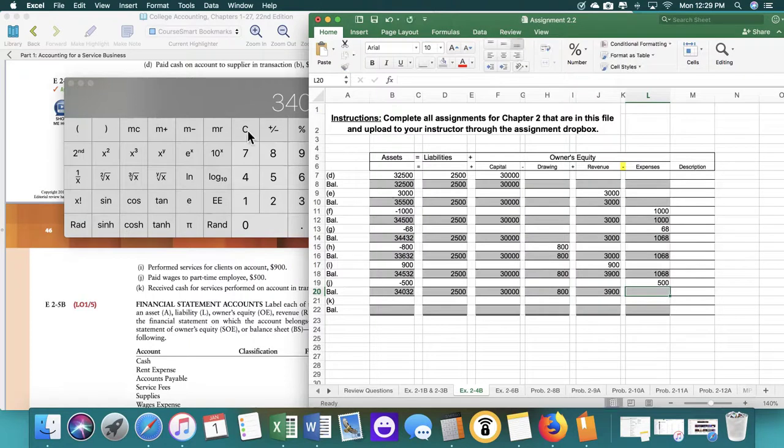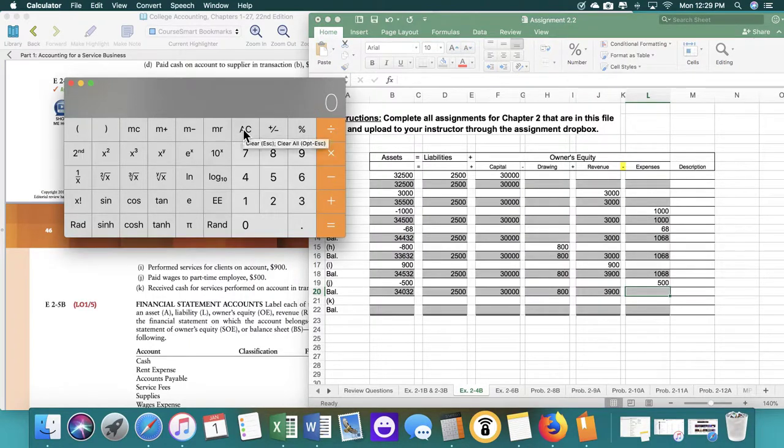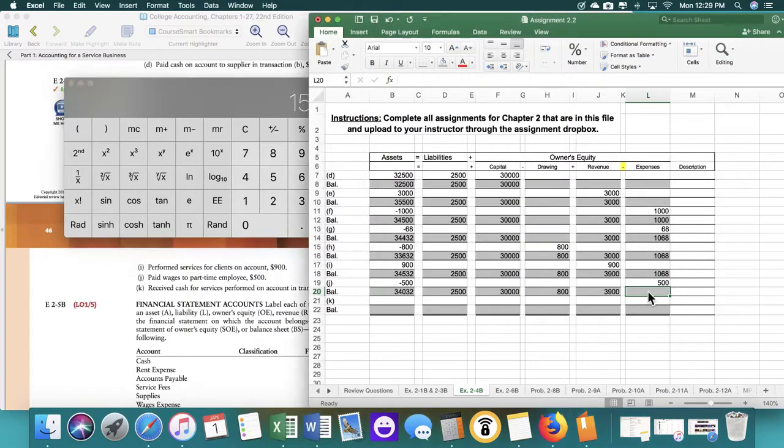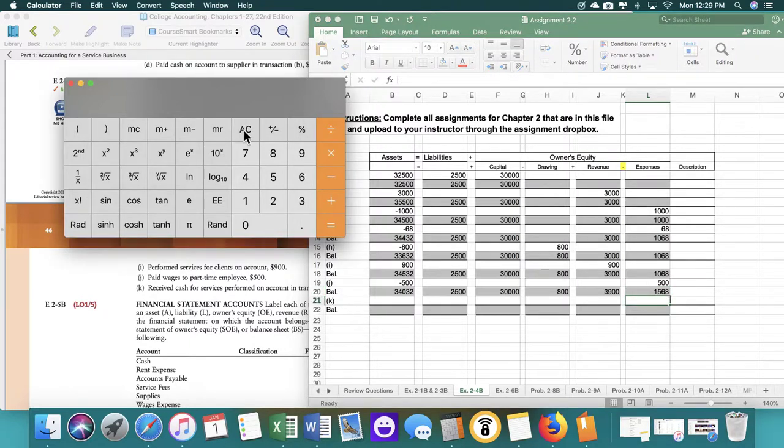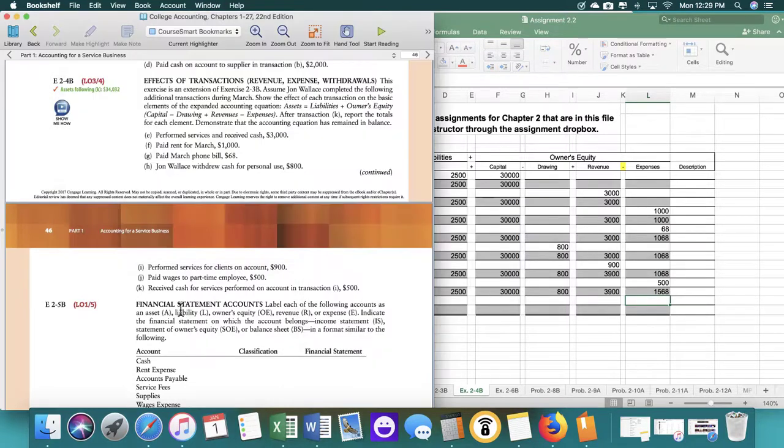And then here we're going to add the 1,068 and 500. Gives us 1,568. Okay, and let's double check our math again. So we have 2,500 plus 30,000 minus 800 plus 3,900 minus 1,568. So our math so far is still accurate.